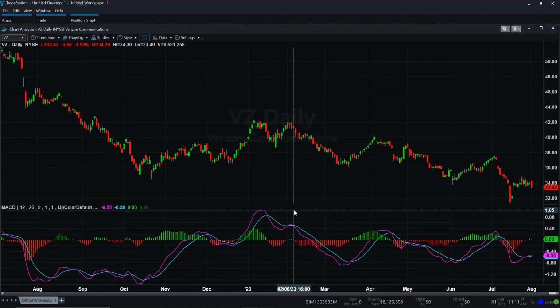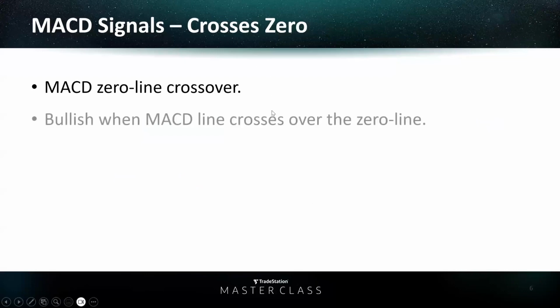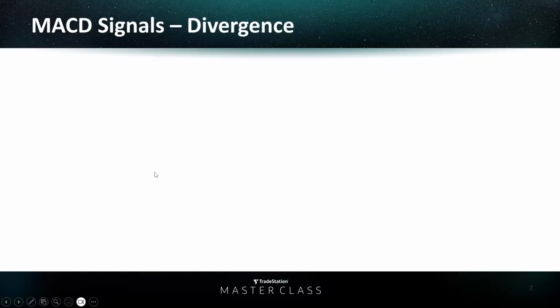It's a direct difference between the two lines. So when we talk in the PowerPoint about crosses zero, that's what I tend to find: whenever that histogram crosses from negative to positive and positive to negative, of course, bullish when it goes to positive and bearish when it's negative. So this is just simple concepts about the MACD.